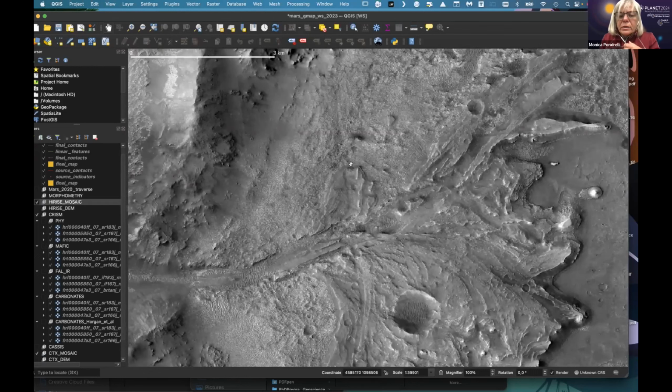This is a nice small crevasse. But again, you don't have to map all of these particulars. You can if you want, but it's not our goal today.